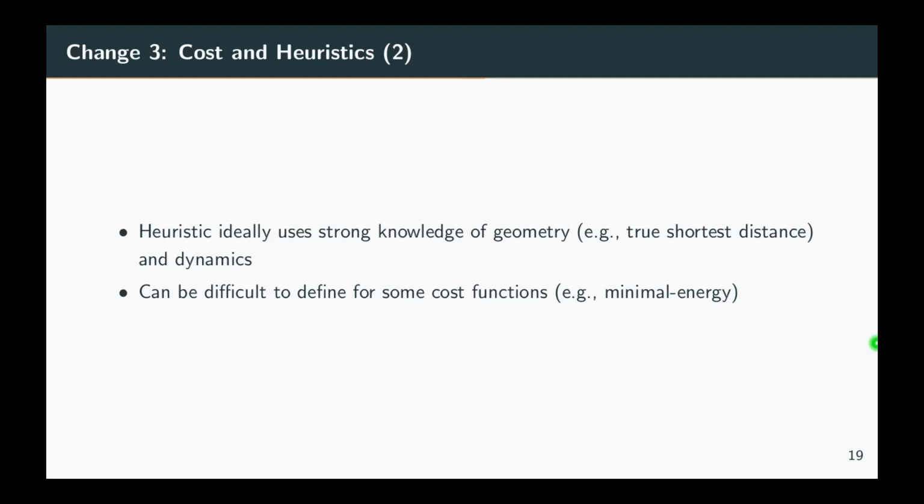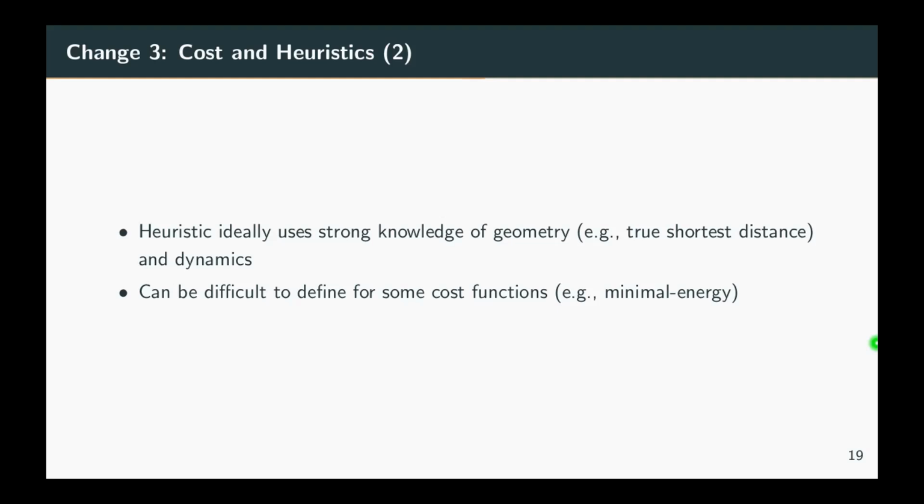So the heuristics ideally combine the knowledge of geometry and dynamics, right? You need to know what is the true shortest distance geometrically, and we also need to know what kind of motions the robot can do. For time, it was easy.